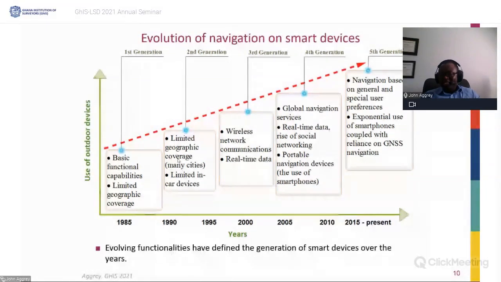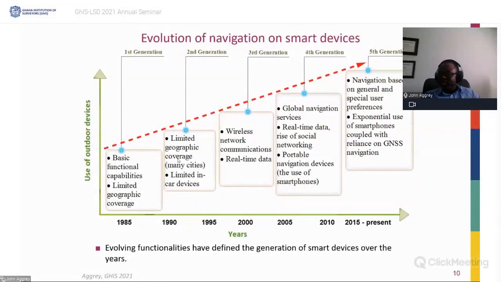Right now, from 2015 onwards, we are currently in the fifth generation of mobile devices. So right now, your mobile device is simply a computer, let me put it that way. It has almost similar processing capability as a normal laptop or computer would have. So you can use it for more stuff.